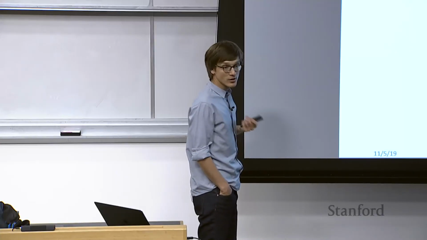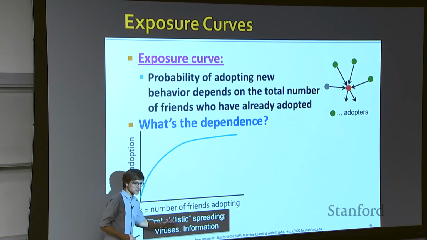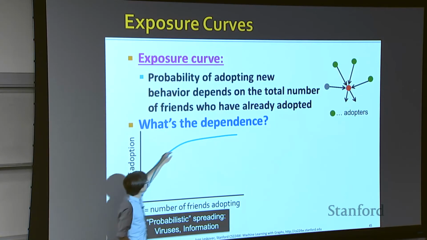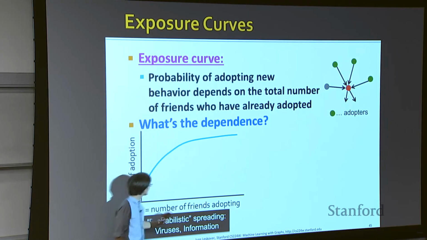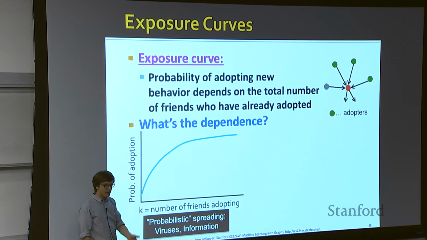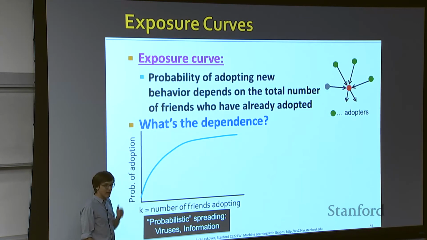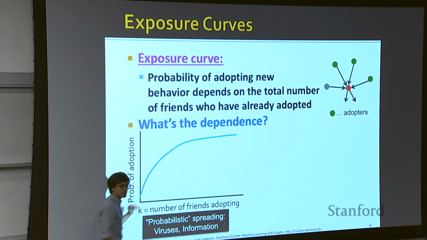And you could ask, what is the dependence, right? In the probabilistic spreading-like models, this dependence will have this type of shape, right? This is the number of friends that have adopted versus your probability of adoption. And if each one infects you independently with probability k, then this will have this type of shape, right?